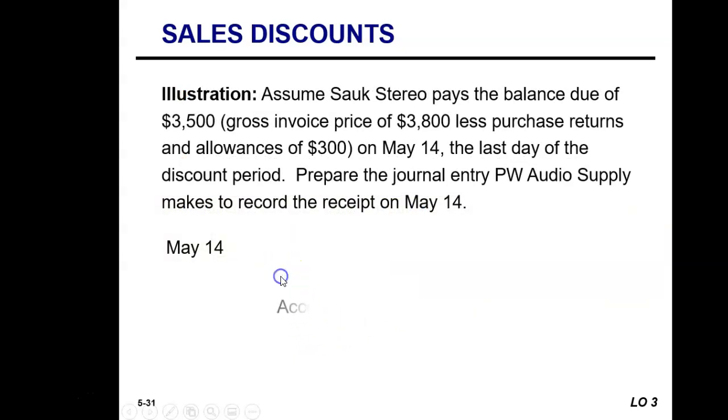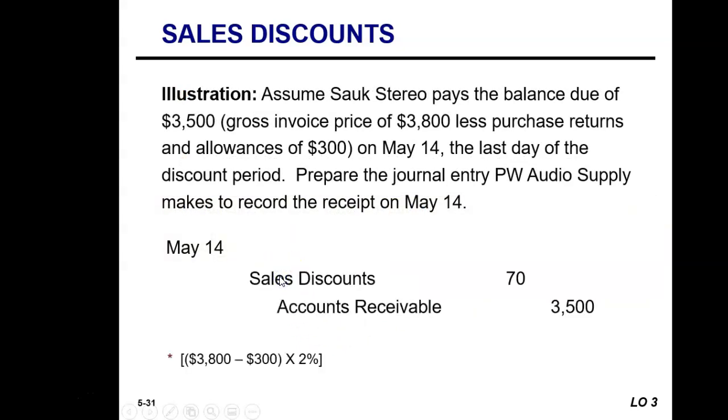Okay? So again, this is the journal entry from the viewpoint of the seller when the buyer paid us within the discount period. The amount of cash received is $3,430, which is the $3,500 less the 2% discount.